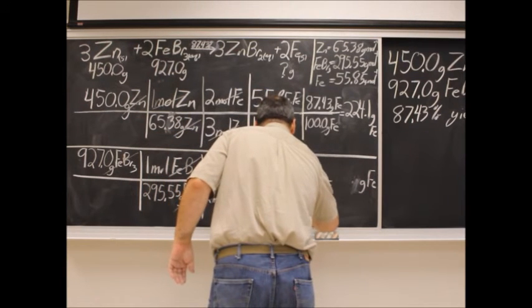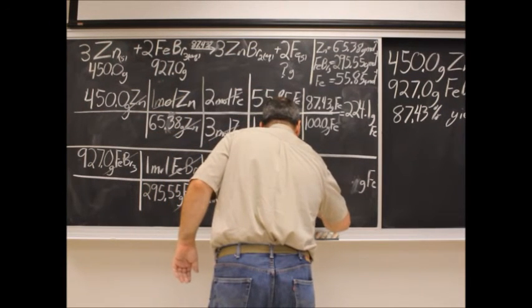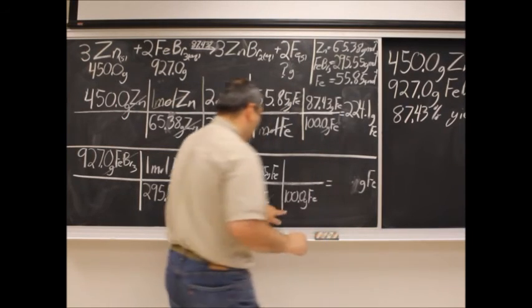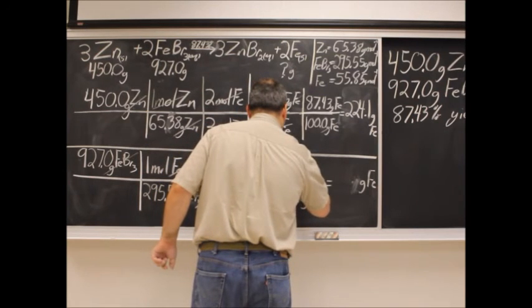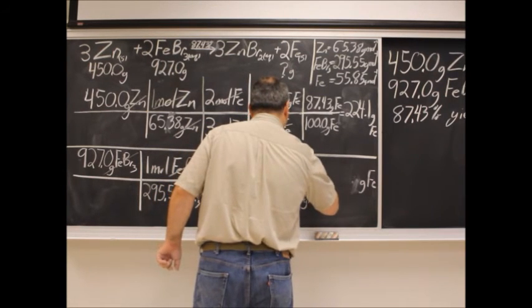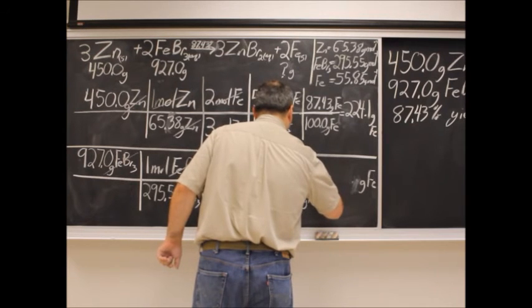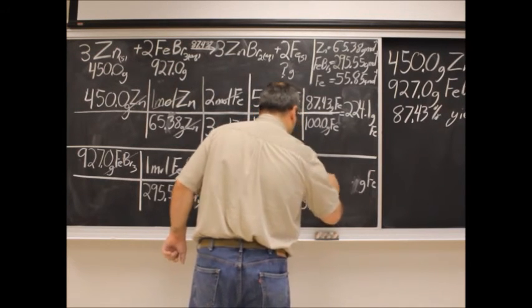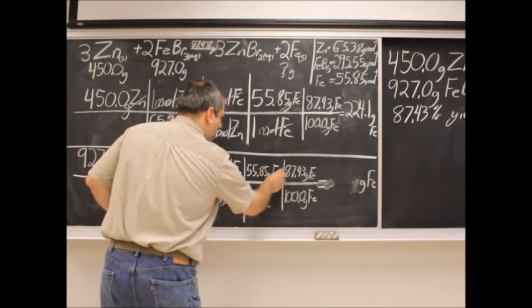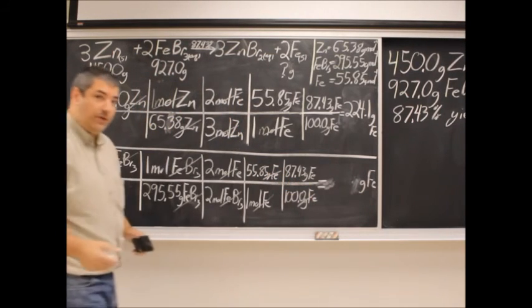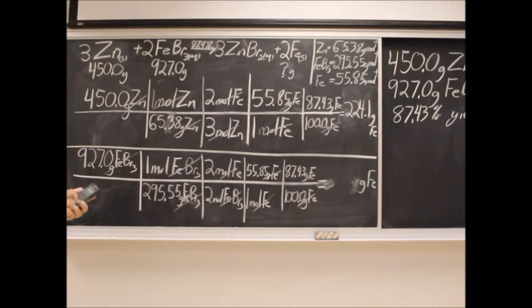So for every 100 grams of iron that I could produce, so that's in theory I could produce 100 grams of iron, but I only isolate that 87.43 grams of the iron. Okay, so now, again, grams of iron cancel, but I'm still left with grams of iron. So 927 times 2 times 55.85.